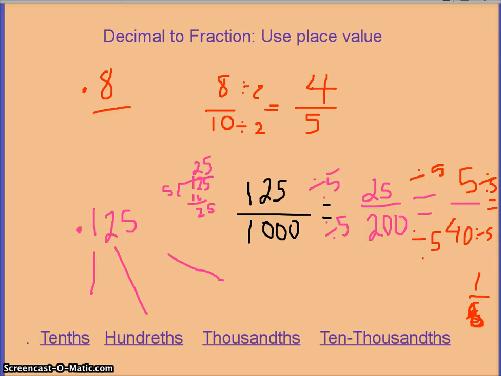Let's rewrite that one too. So we could have divided by actually 125 to start with, if you knew you could. So this would be 1/8.